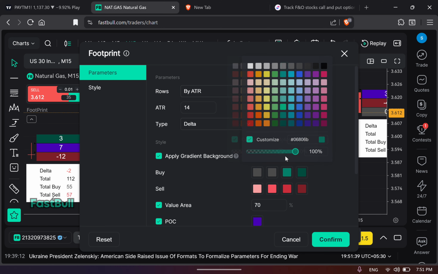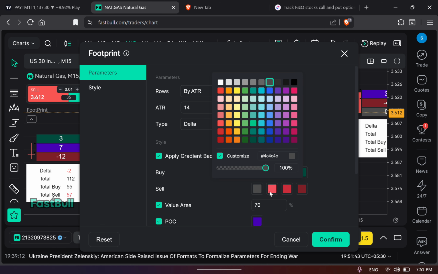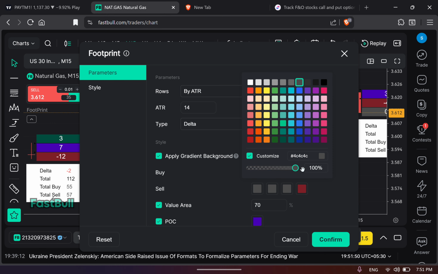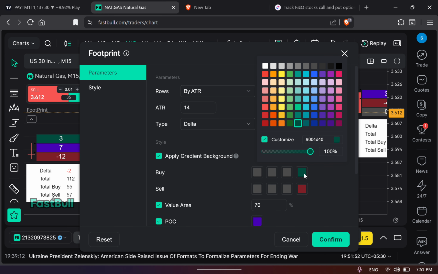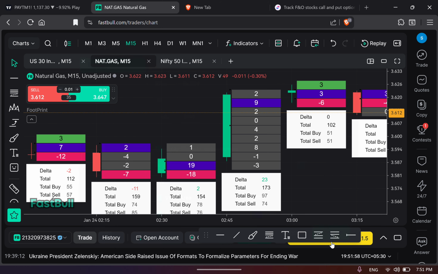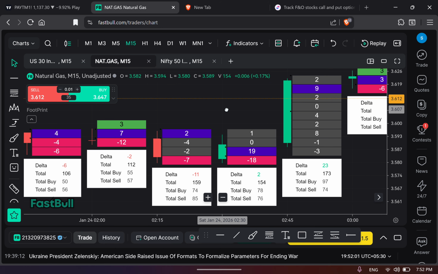I will let you know why we are changing it. So what we are looking for now, I'll show you. Okay, one minute. This is the one, let me change it to green, and this one to red. Let me confirm and look whether it is showing in the right way or not.